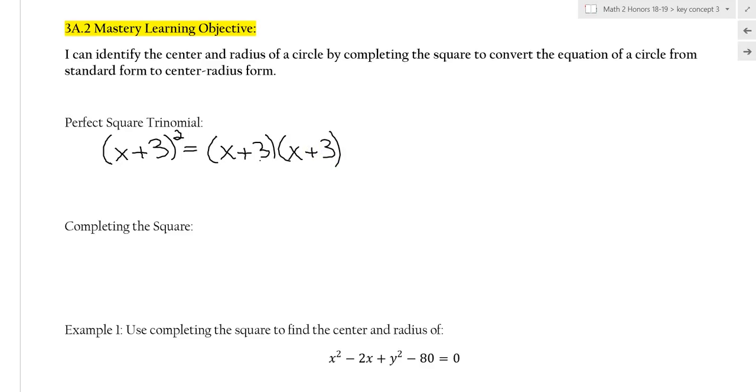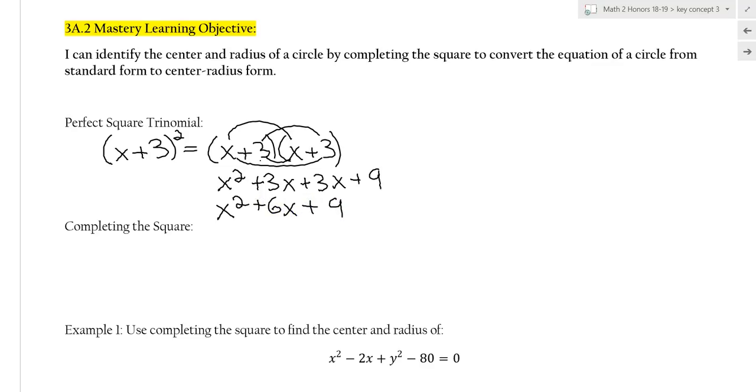And then you're foiling or distributing twice, or however you have learned it. x times x is x squared plus 3x plus 3x plus 9. So I just foiled, and we get x squared plus 6x plus 9.